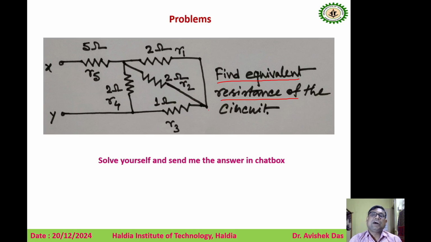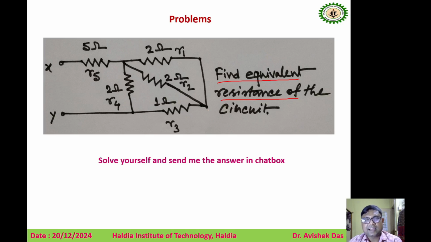To find the equivalent resistance, first of all you have to look carefully at the network and understand which resistances are connected to others in series or in parallel.